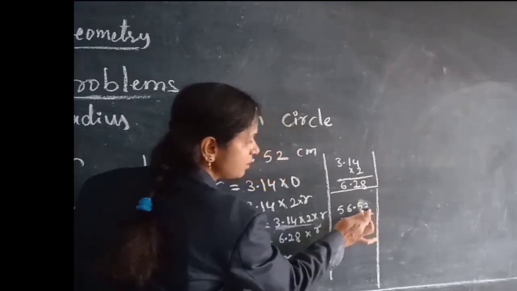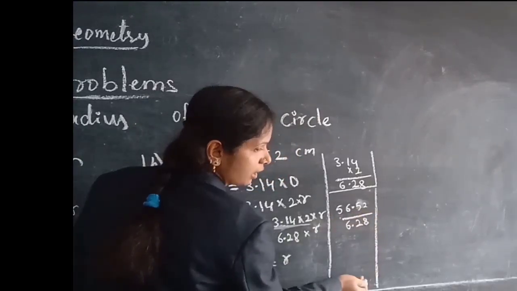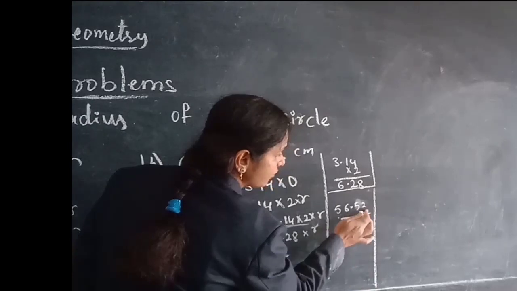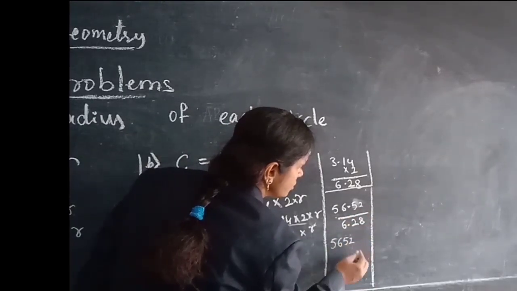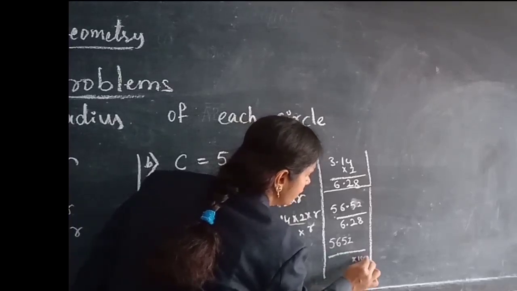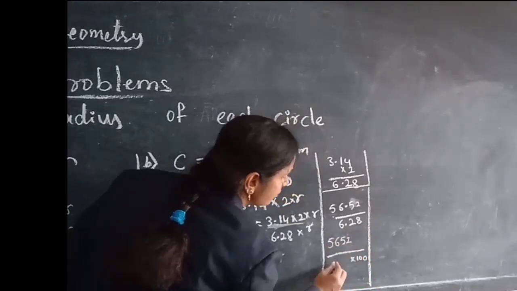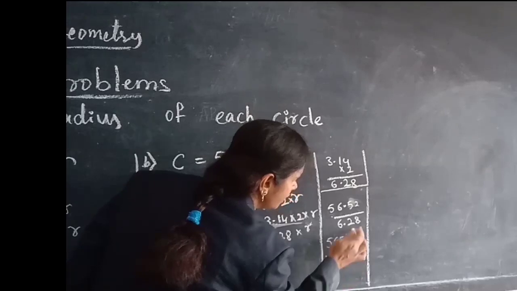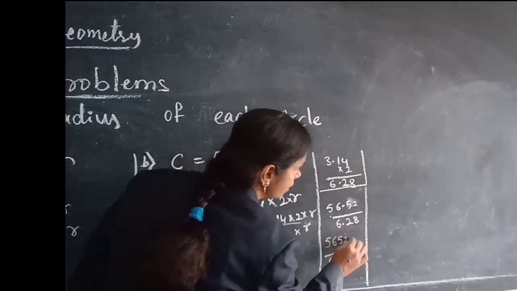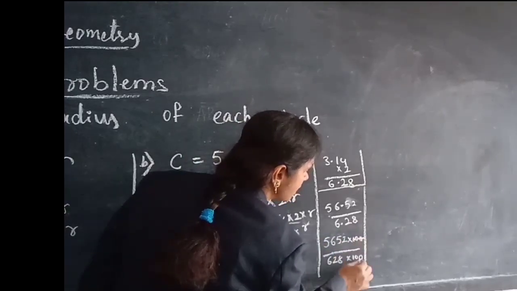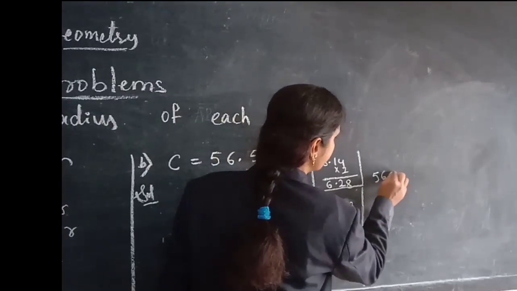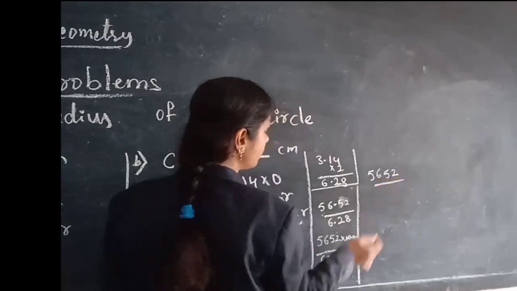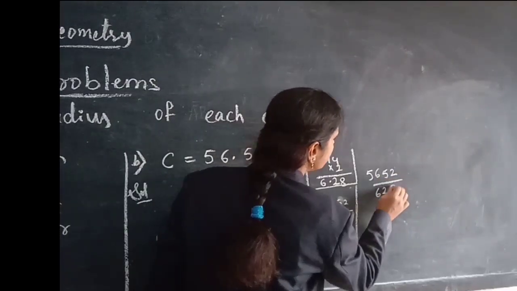When I remove the decimal point from the numerator, I need to write 100 in the denominator, because there are 2 digits after the point. In the denominator also I am removing the point, so 100 again. So this 100 gets cancelled. The leftover numbers are 5652 and 628.